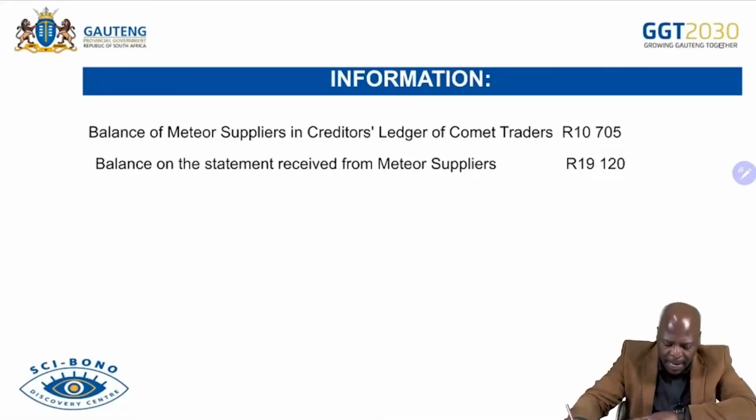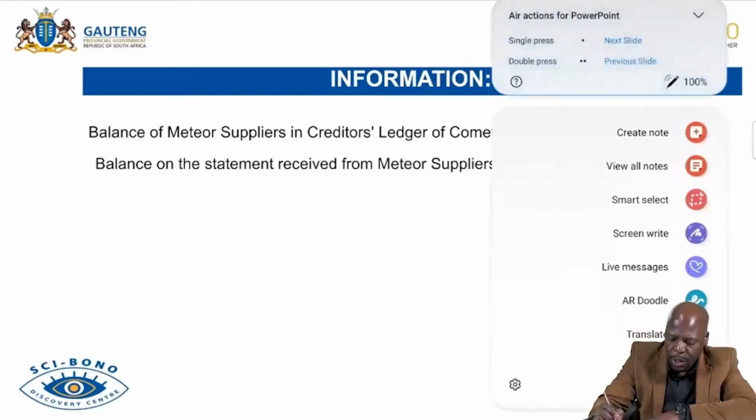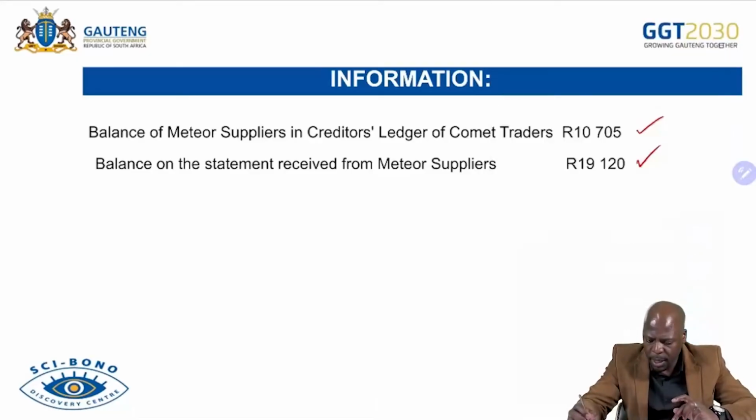Now, here are the balances. The balance of Meteor Suppliers in the ledger is 10,705, and the balance on the statement that we received from Meteor is 19,120. Let's see how these should then be recorded. How should these be recorded?